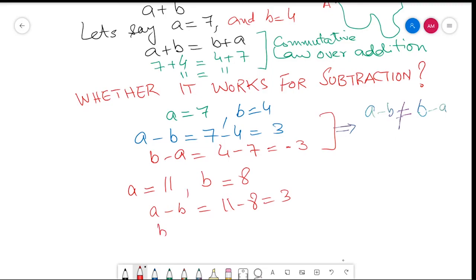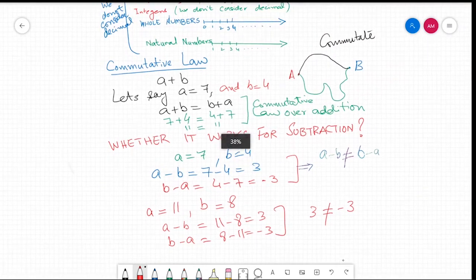And B minus A is 8 minus 11, and they are not equal. 3 is not equal to minus 3. So let me conclude today's lecture and see what we have learned today.